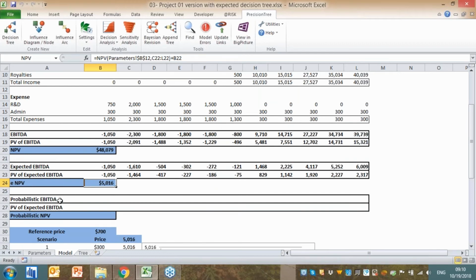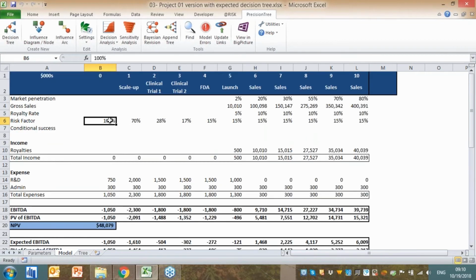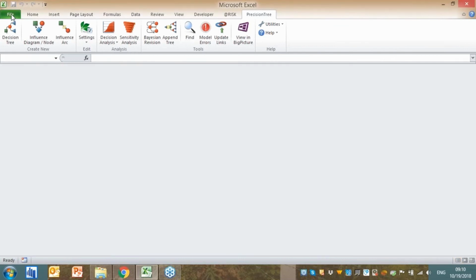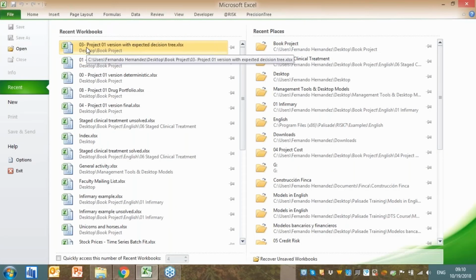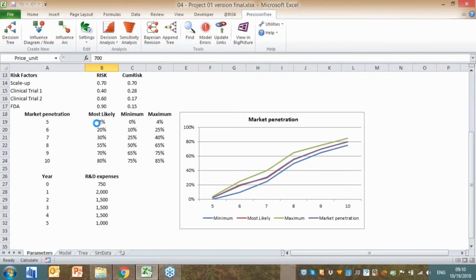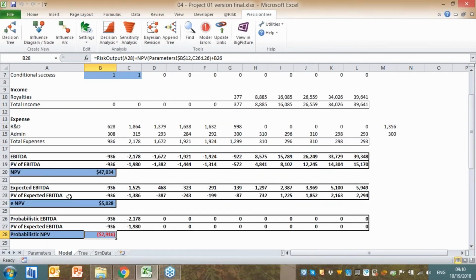And what we want to incorporate here is what we would call a probabilistic EBITDA. In other words, some EBITDA that is going to be contingent on whether we attain our figures and are successful on each one of these stages over here. So at this point, let me start working on something a little bit more enhanced, which I call here the final version. Let us go over here to model and see how it is shaped.